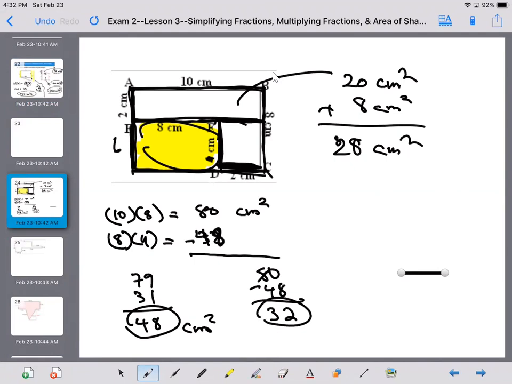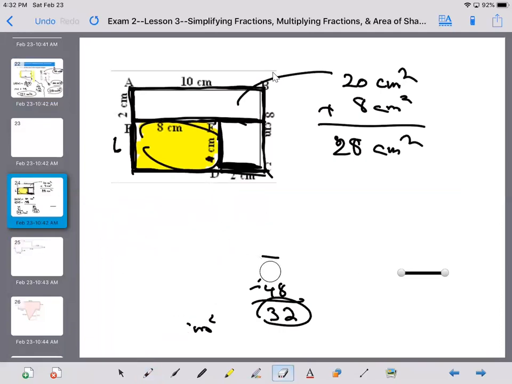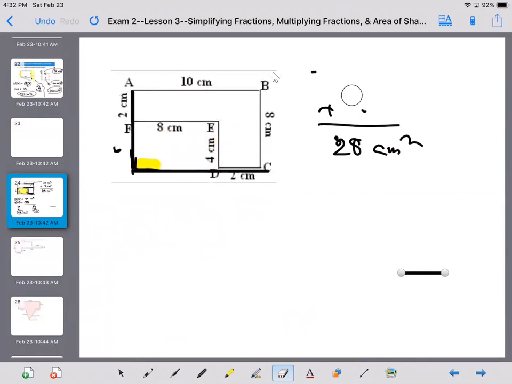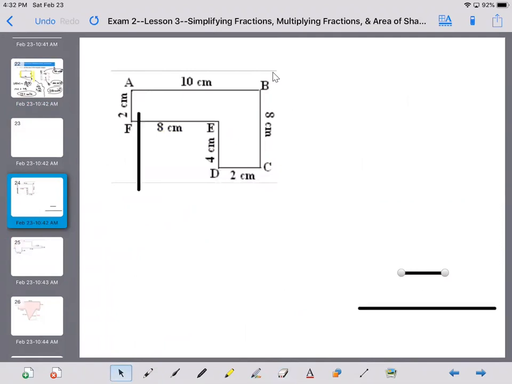And then this one, I'm going to have to look at that one all together here. I wonder if there's an error on the drawing. Yeah, there's an error on the drawing there.